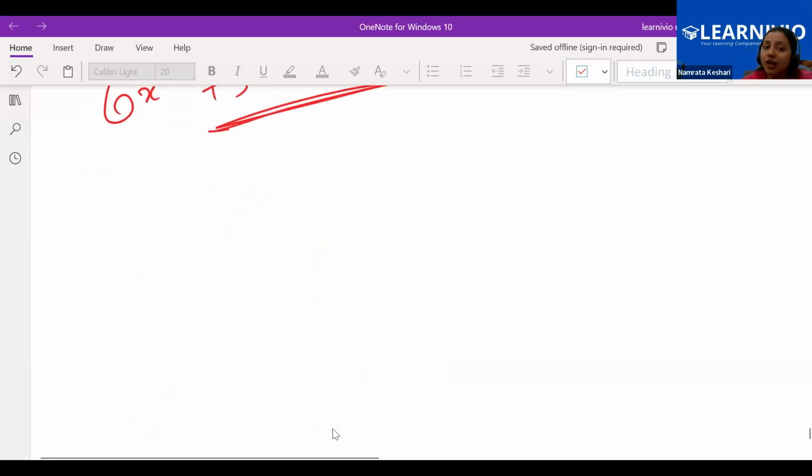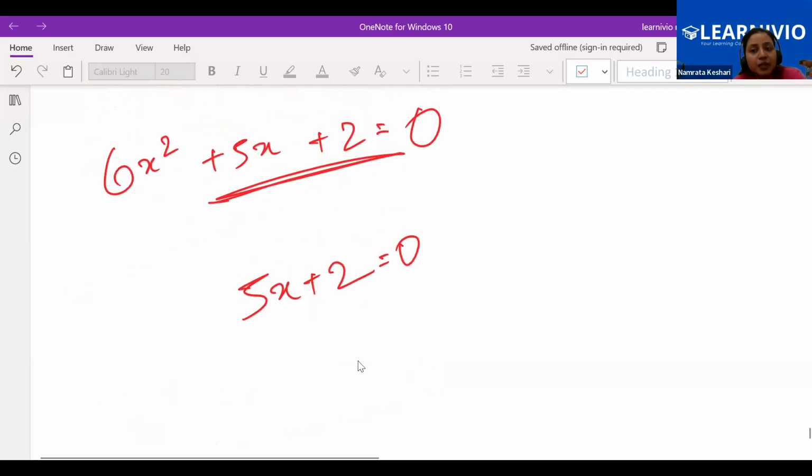Now all of a sudden, if I write 5x plus 2 from the above equation, and again ask the same question, is it a quadratic equation? Previously it was, but now is it? Anyone?